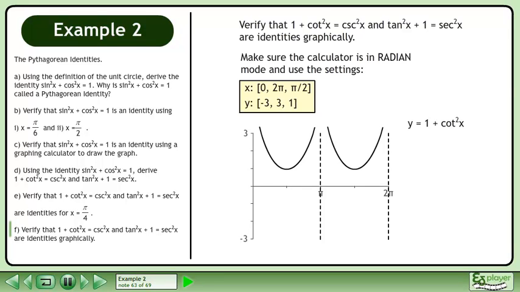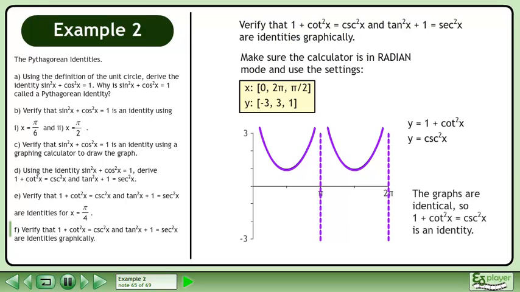Draw the graph of y equals 1 plus cotan squared x. Now draw the graph of y equals cosecant squared x. The graphs are identical, so 1 plus cotan squared x equals cosecant squared x is an identity.